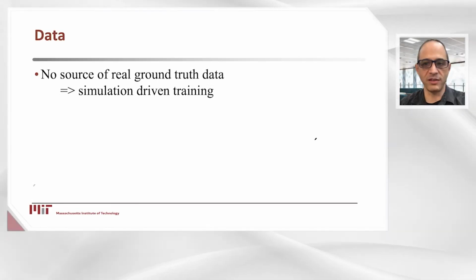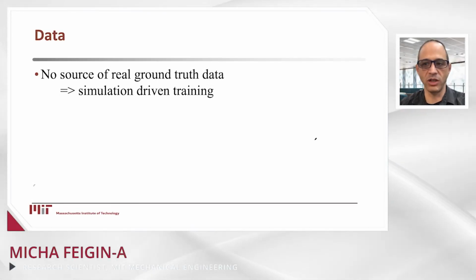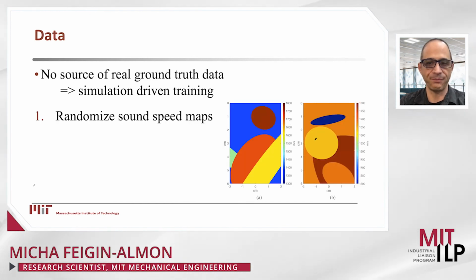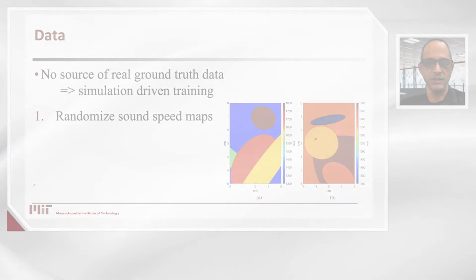The problem is that there is no source of even small amounts of ground truth data, not to mention large data sets that can be used to train the system. To solve this, we turn to simulation-based training.